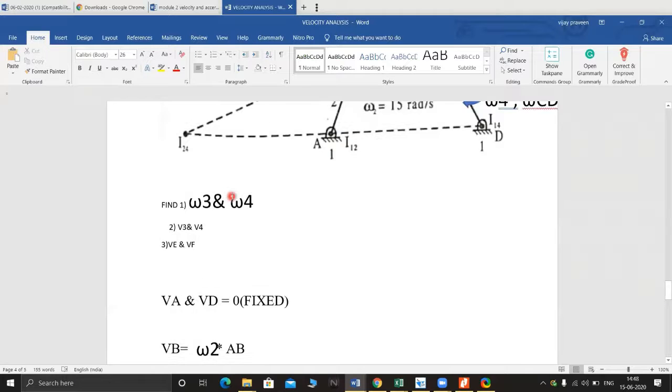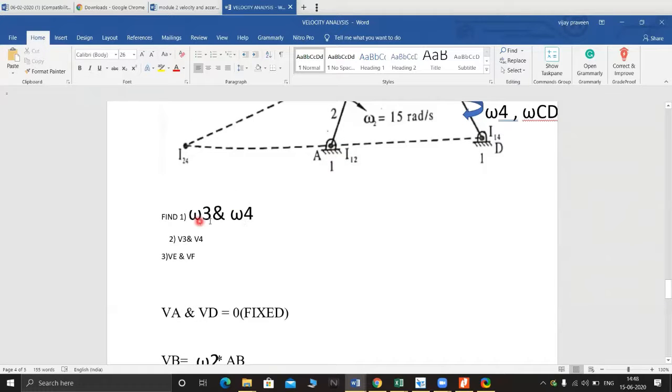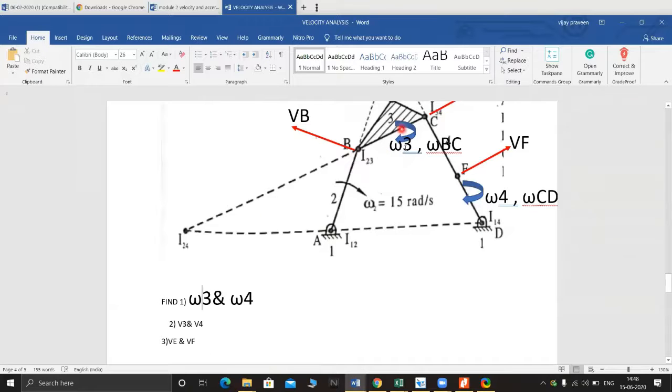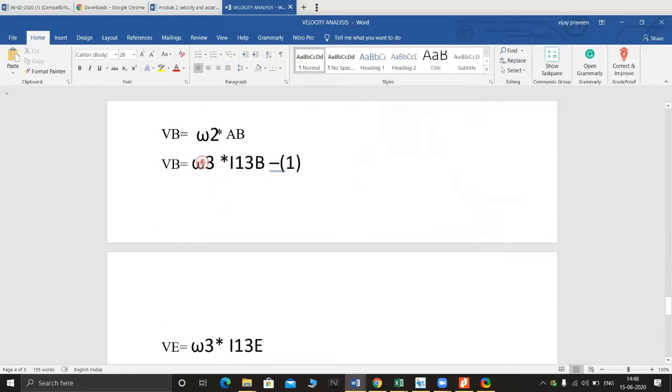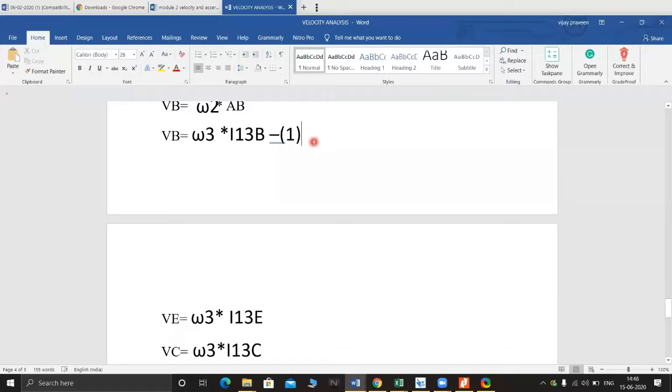Now let me take the questions. What is the first question they are asking? Omega 3 and omega 4. If you want omega 3, there are two equations you can get, correct?